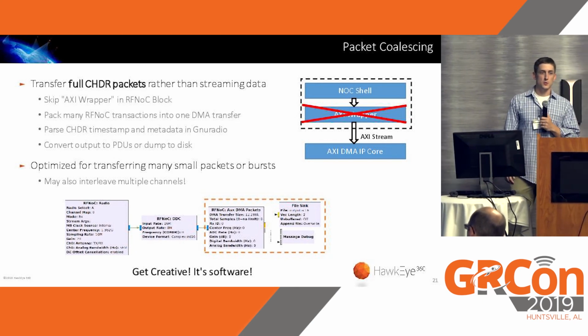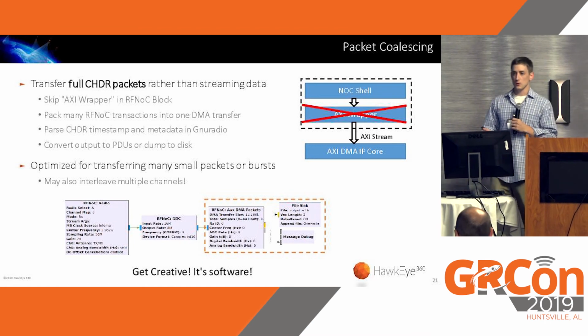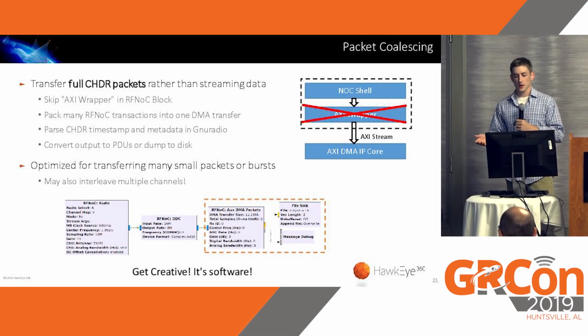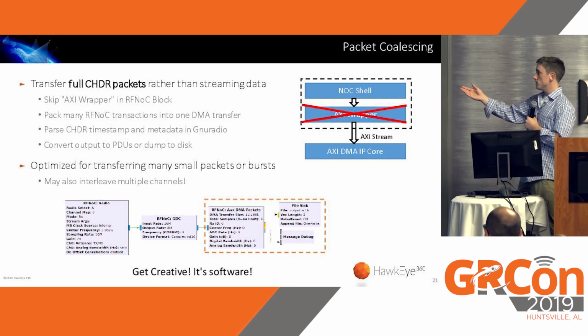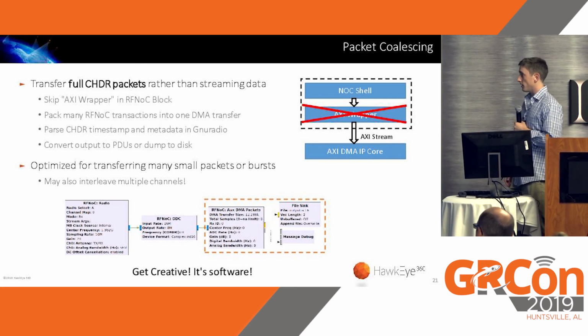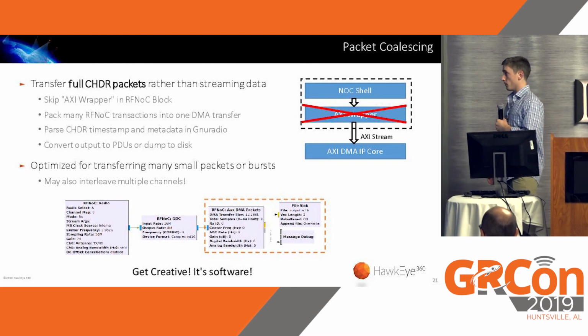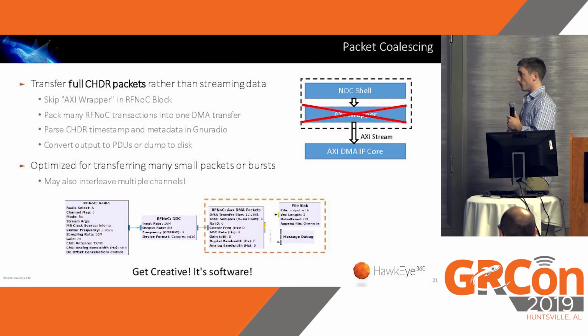And then on the GNU Radio side, we can look at the packets, use the UHD packet parsing, pull out the packet information, and then we could either convert them to PDUs or just dump the data straight to disk. And that lets us get an order of magnitude more small packets than we had before.